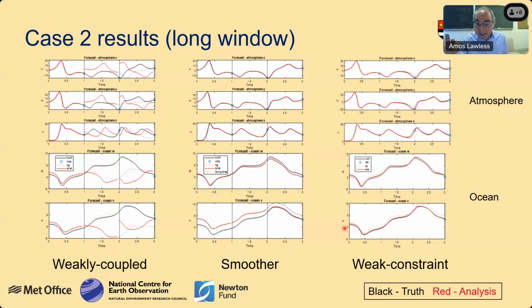Remember, weak constraint in the atmosphere, strong constraint in the ocean, but fitting everything over the whole 3 time unit window altogether. So in this case, with a longer window, the weak constraint really works best.